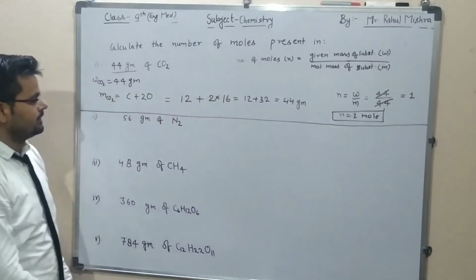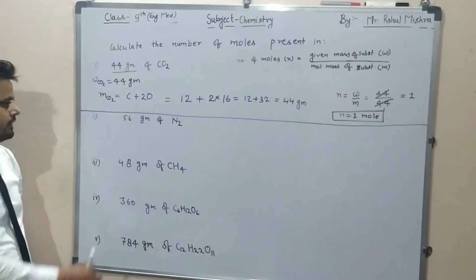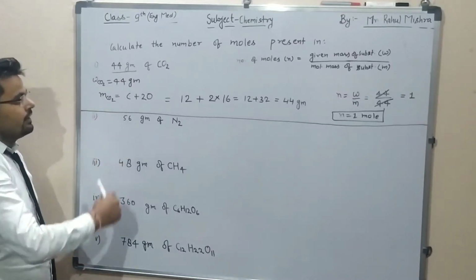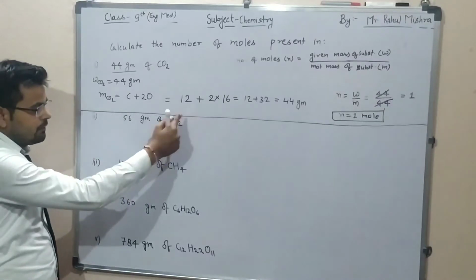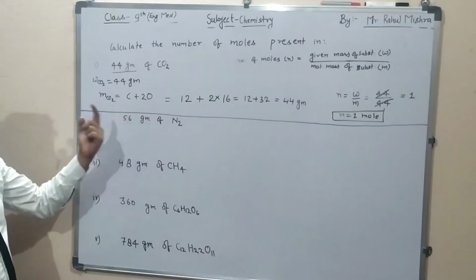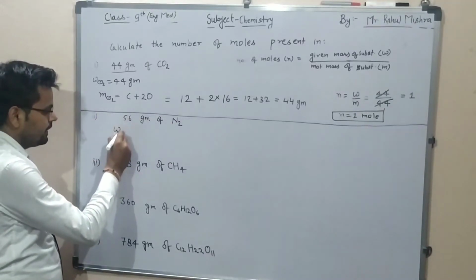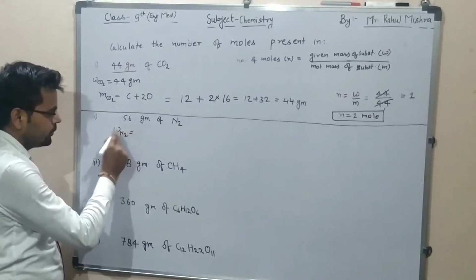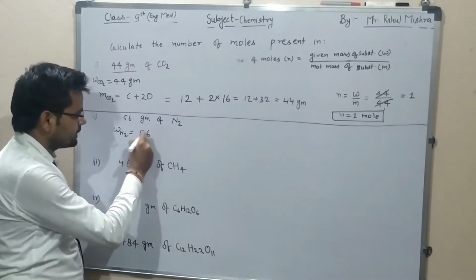Now we will discuss the second part of your homework. Calculate the number of moles in 56 gram of N2. It means we have to tell how many moles are in 56 gram nitrogen. Given mass of N2, W of N2, is 56.